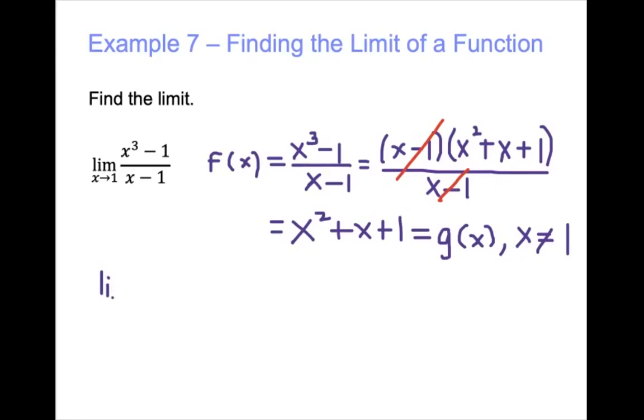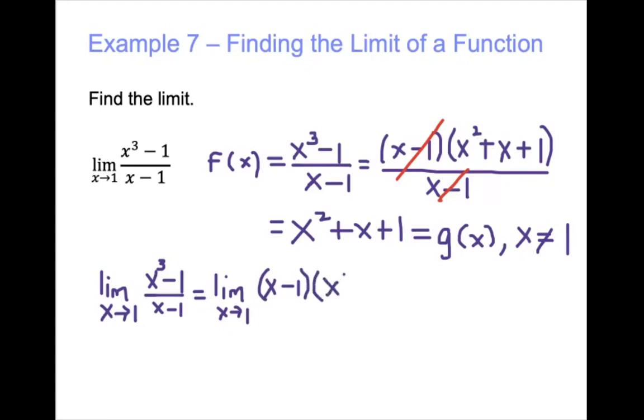And so the limit as x approaches 1 of x cubed minus 1 over x minus 1 equals the limit as x approaches 1 of x minus 1 times x squared plus x plus 1 over x minus 1, and then we can cancel out the common factors.